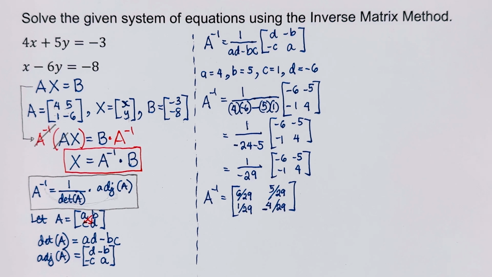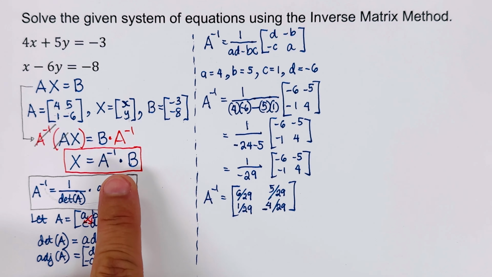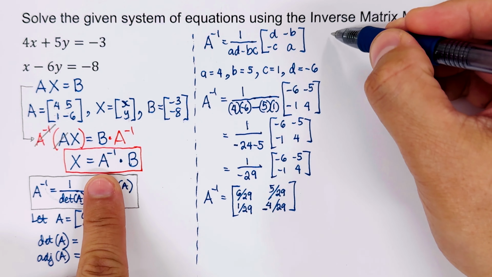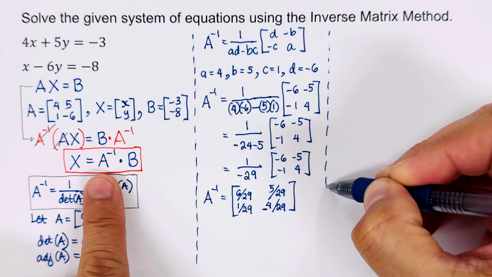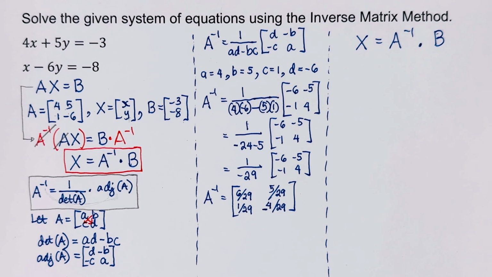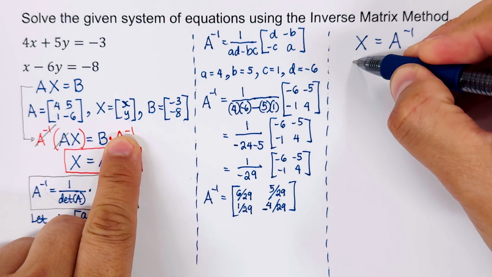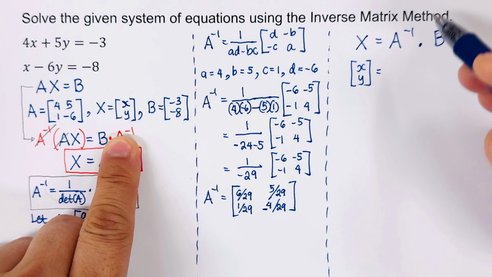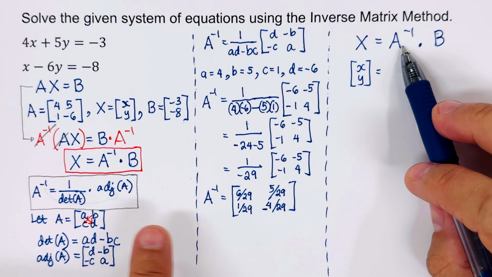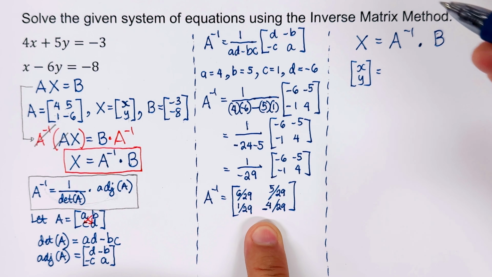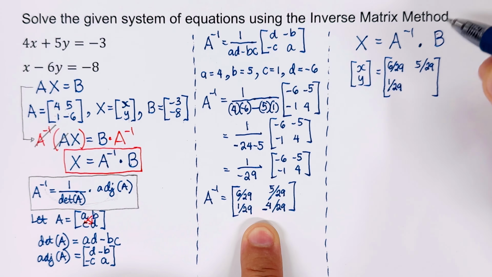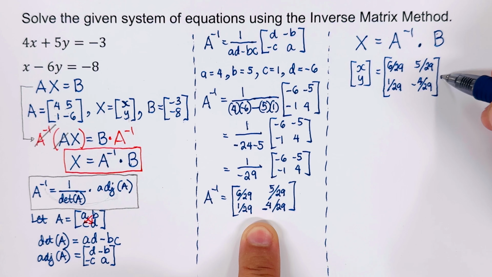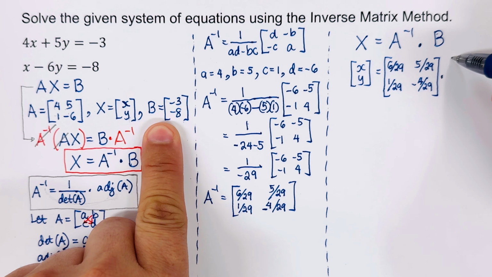From here, we use this equation up here to solve for x and y. We plug in the values. Our matrix X is x, y. Our inverse matrix of A is the one that we got right here, and our B matrix is up here.